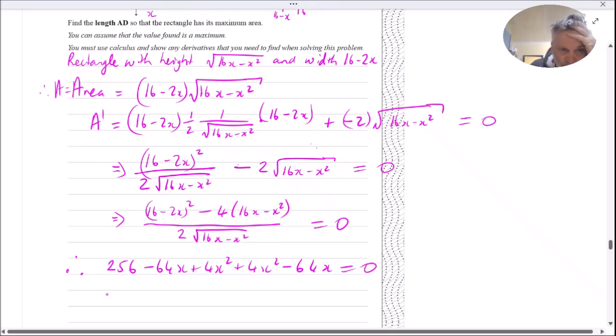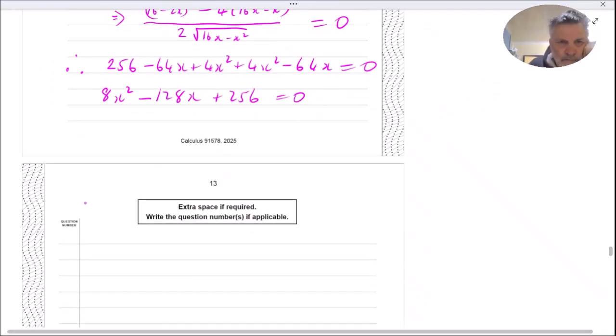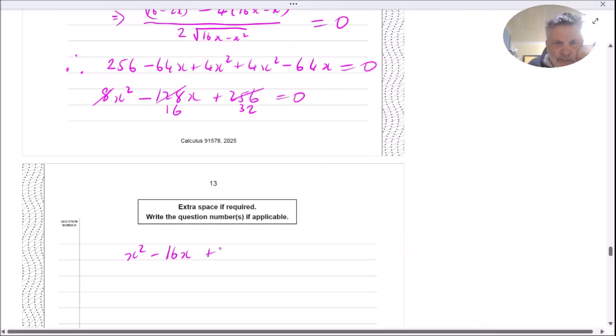So that's 8x squared minus 128x plus 256 equals 0. We can divide by 8. 8 goes into 128 16 times, and 8 goes into 256 32 times, so we get x squared minus 16x plus 32 equals 0.